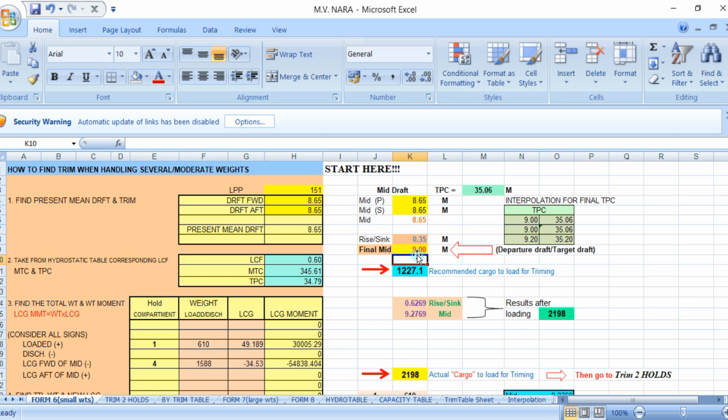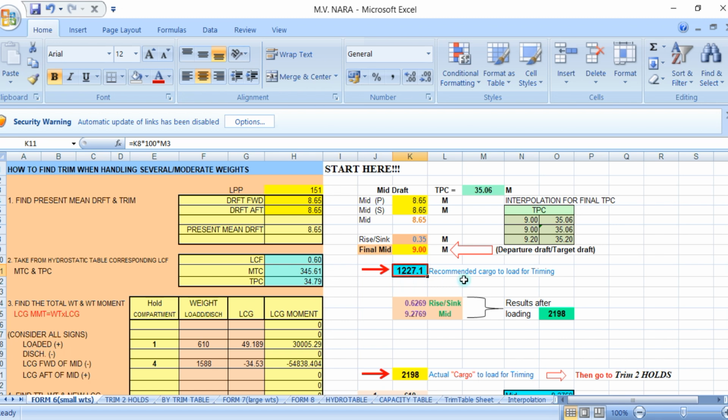So in actual practice, what will be the TPC of 9 meters, that is what we're going to compute for getting the value of cargo to load for trimming. In 9 meters, we have a TPC of 35.06. So to get the cargo to load will be the sinkage times 100 times your TPC of 35.06.